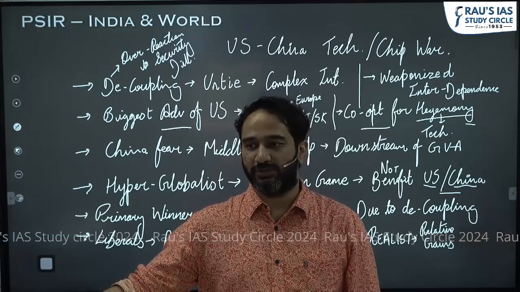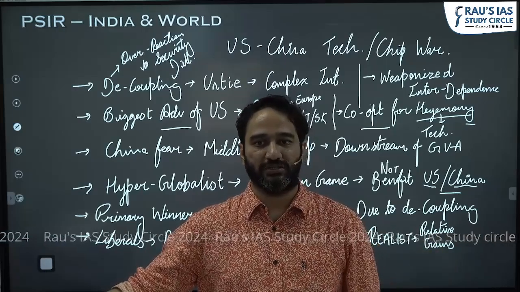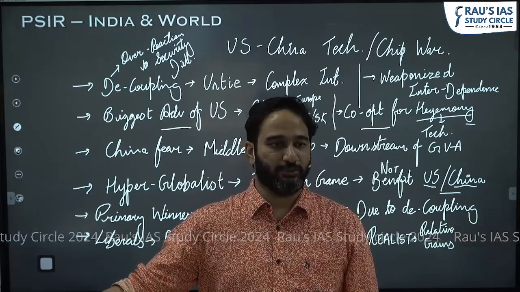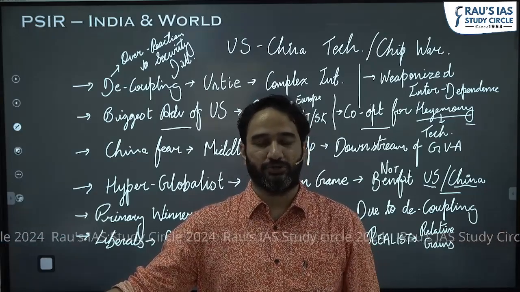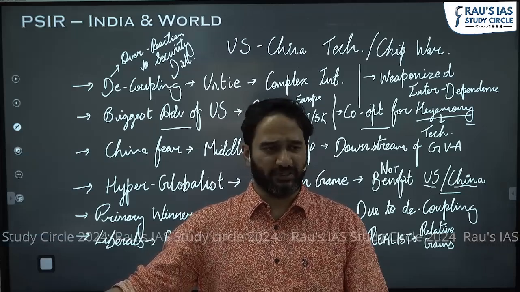This is what they have done with relation to the Russians, kick them out of SWIFT so that the Russians don't undertake the, what do you call this, the Ukrainian war. Similarly, they put sanctions and restrictions on the Chinese. They've done this with India also.